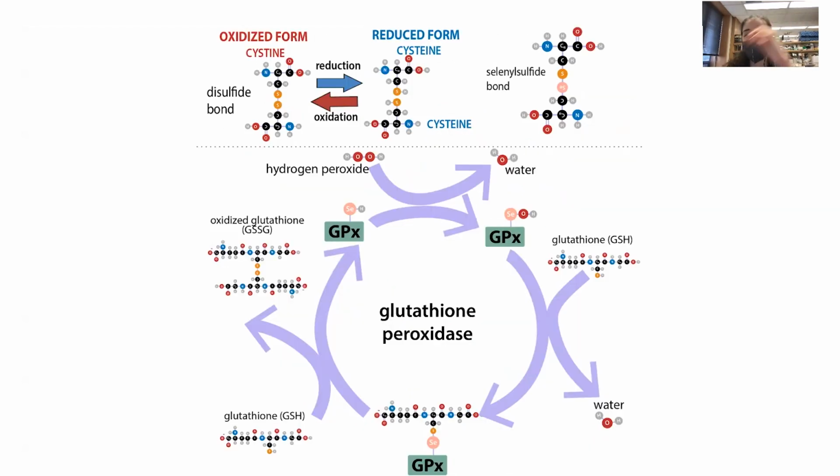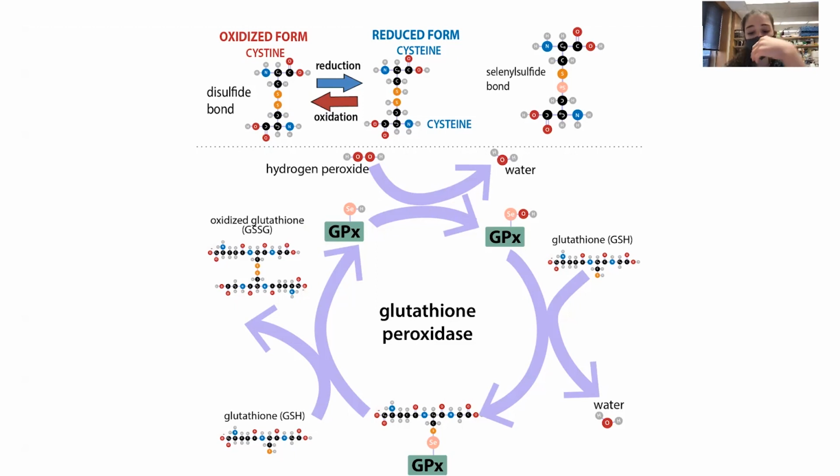But because they're easier to break, you wouldn't want to use this for making bonds that you wanted to be super sturdy and super permanent. But you can use it as a sensor, to see the oxidative environment, because it can get oxidized and reduced, as well as to form intermediates like these selenosulfide bonds that can then get broken.